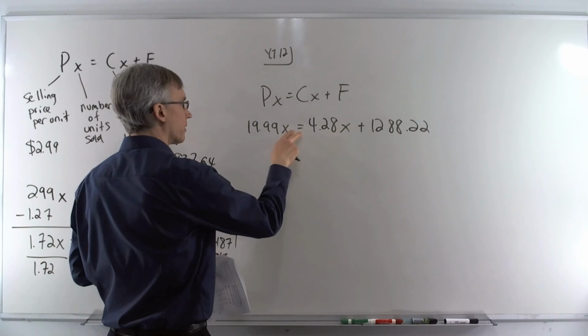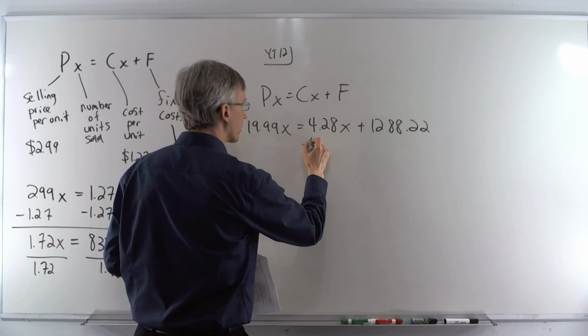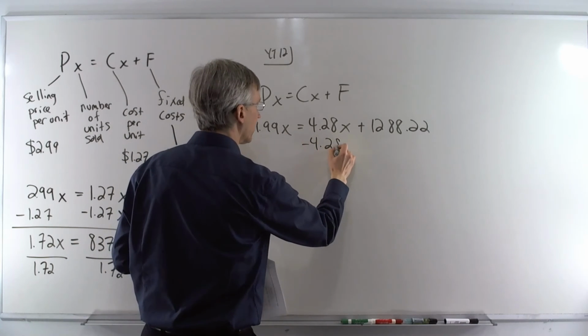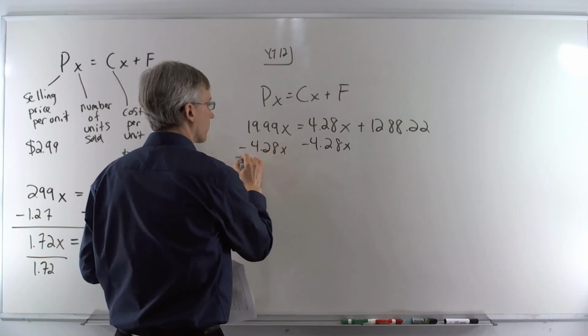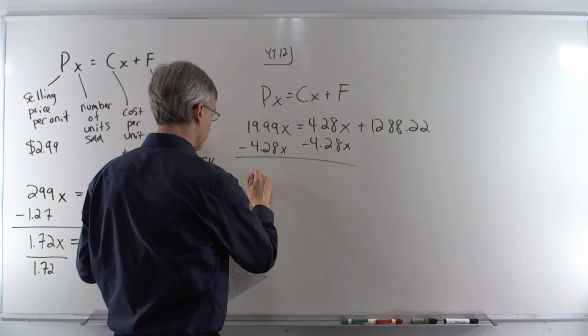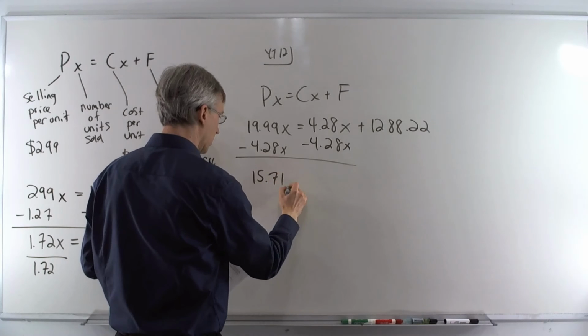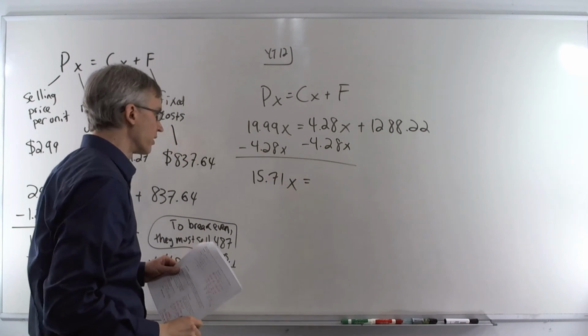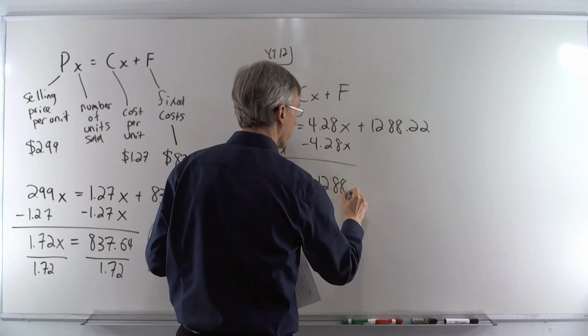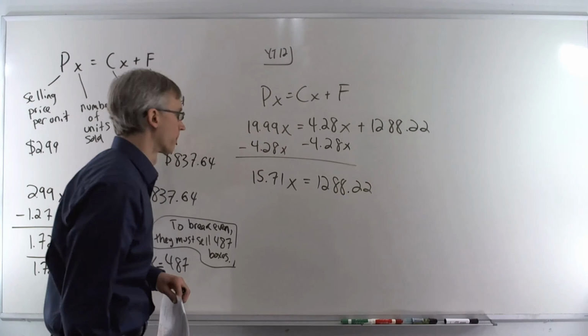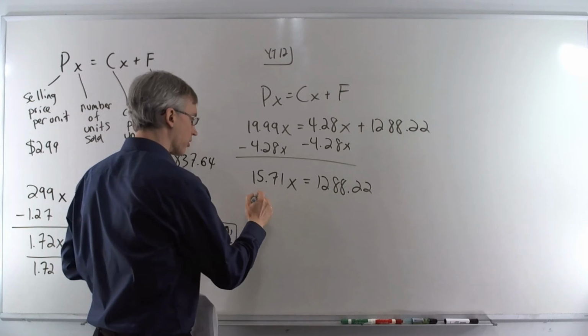All right, we've got an x term on each side of the equation, so we can subtract 4.28x from each side. That gives us 15.71x equals 1288.22. Now we'll divide both sides by the coefficient.